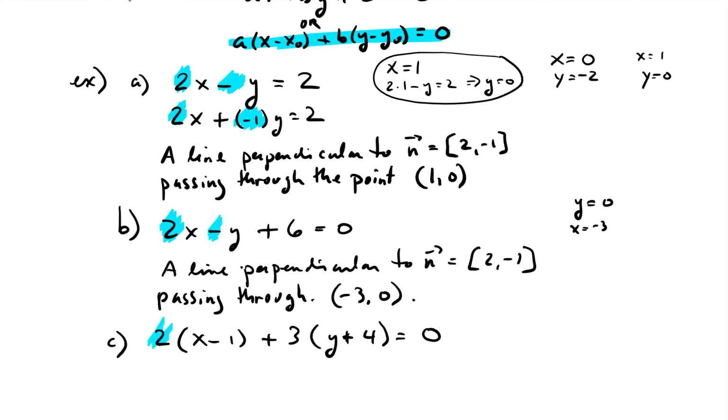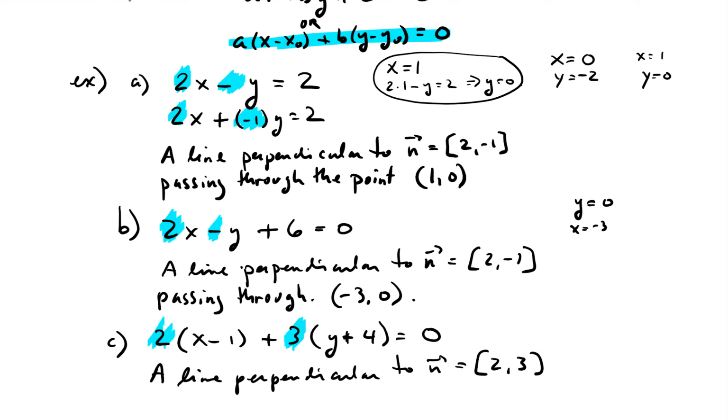So those are the coefficients of x and y. If I multiply this out, I'm going to have a 2x and a 3y. So it's a line perpendicular to n equals (2, 3).